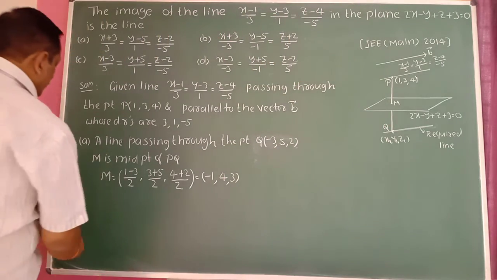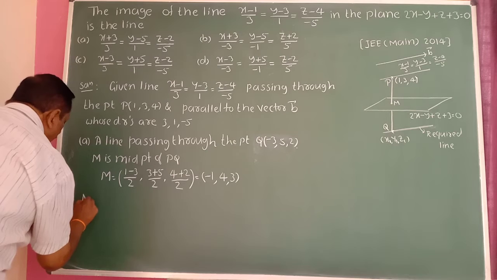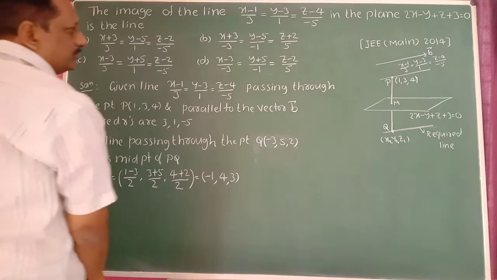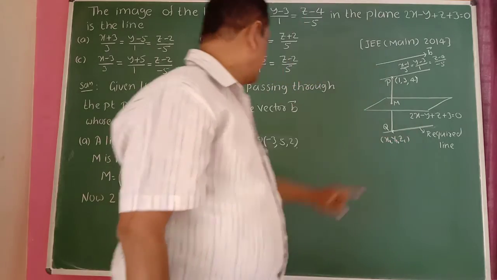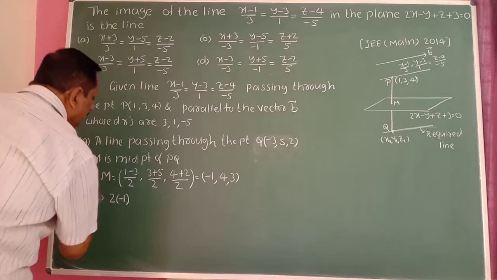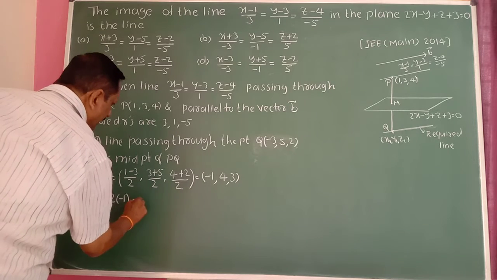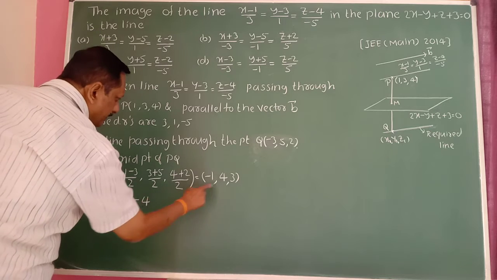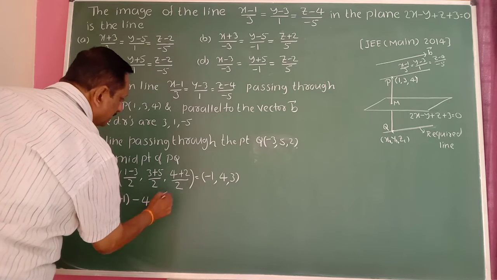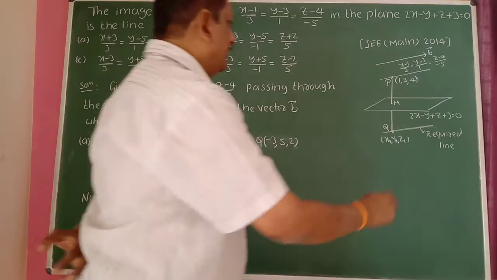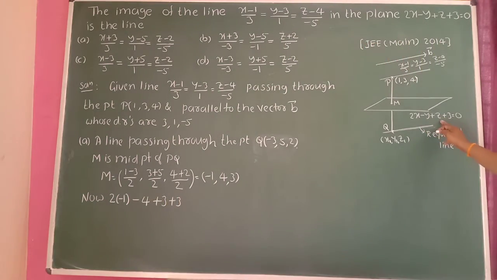Now take this equation, 2 into x, where x is minus 1, then minus y, where y is 4, then z value 3, plus 3. I am replacing the x, y and z values here.